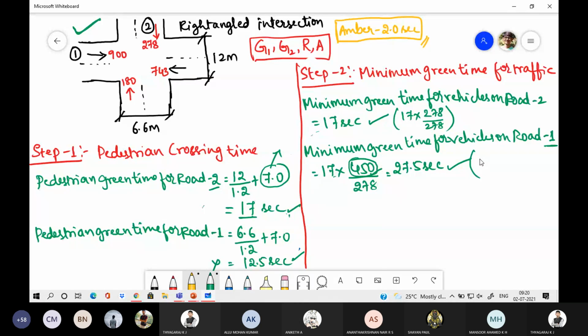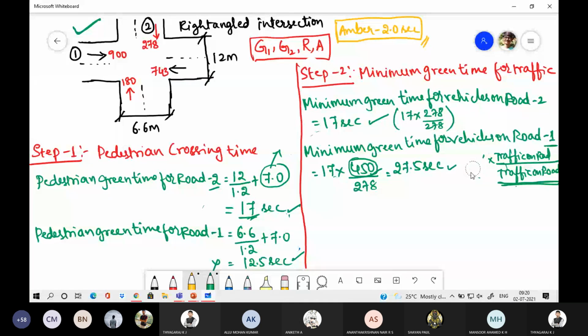So this can be generally written as 17 into traffic on the road divided by traffic on road 2. Why? Because we have taken 17 seconds as the reference. That's why in the denominator we consider the traffic of road 2. Is it clear? Understood? Why we have taken this 278 and 450? Is it clear? Yes, sir.